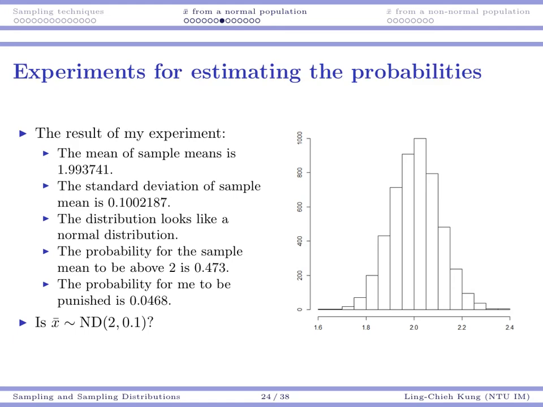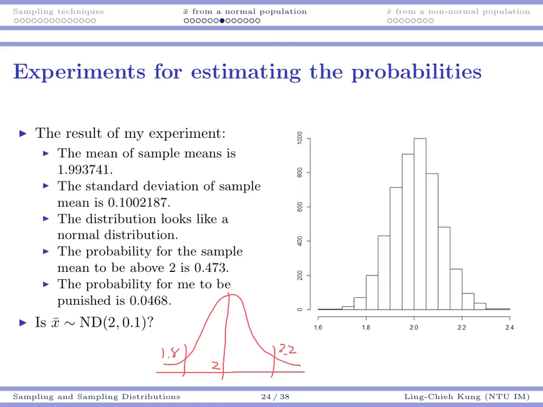And I may also calculate some more things. If my sample mean is really distributed like this, then I know this will be a normal distribution. The mean will be at 2. And now, for my mom, she says the criteria are 1.8 and 2.2, right?